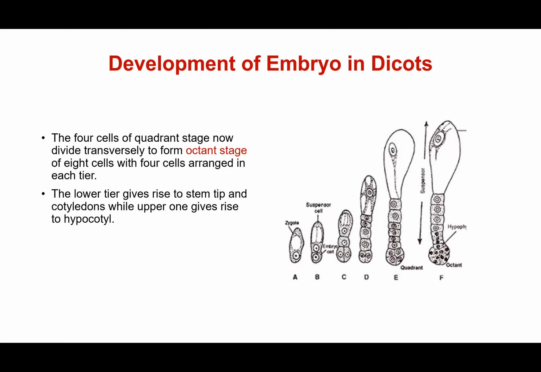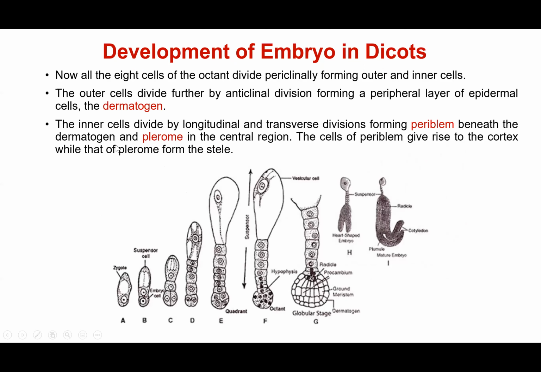So in this octant stage, I said there are two tiers, right? In each tier there are 4 cells. So the lower tier gives rise to our stem tip and cotyledons, while the upper tier gives rise to the hypocotyl. After this octant stage, all the 8 cells divide periclinally, forming outer and inner cells.